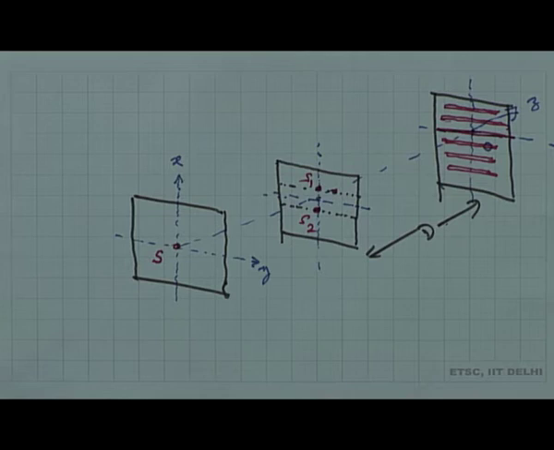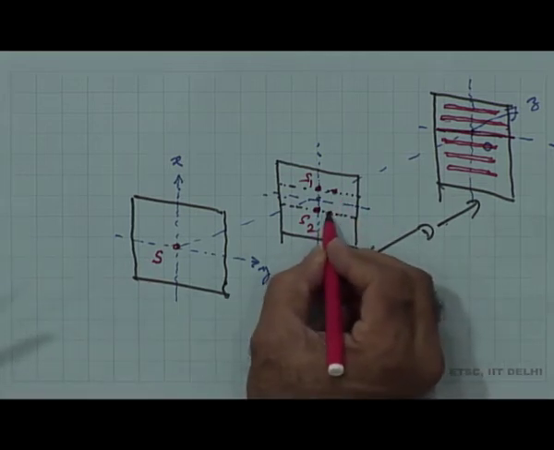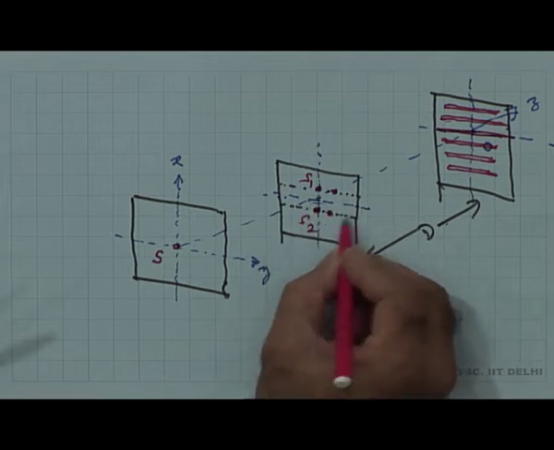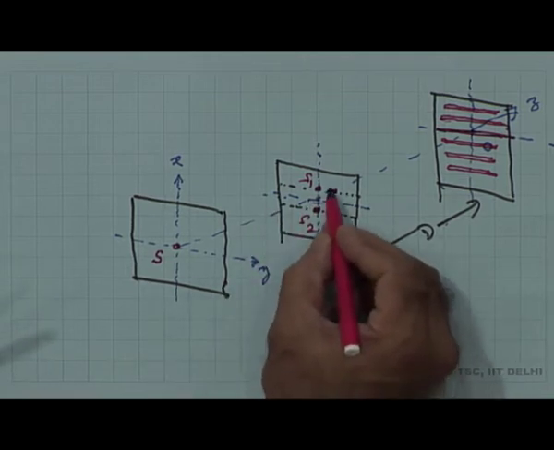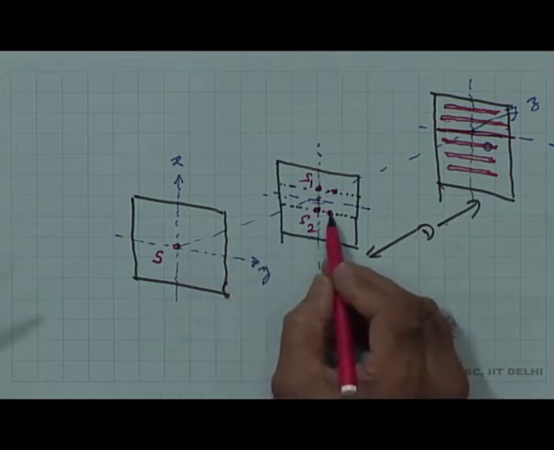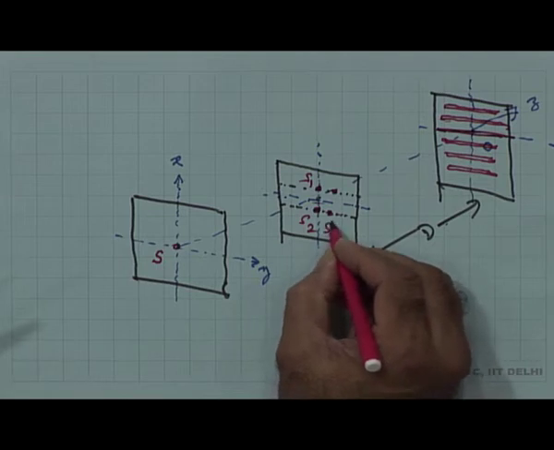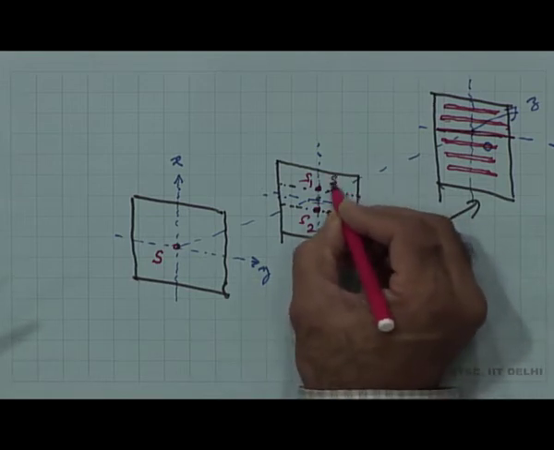So, if I have one pinhole here and a second pinhole here, symmetrically placed with the same separation d, let me call these S2 dash and S1 dash.